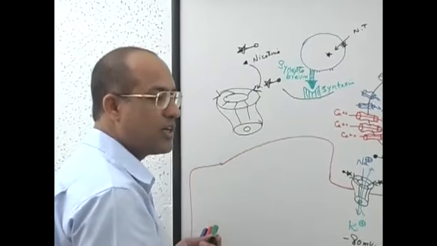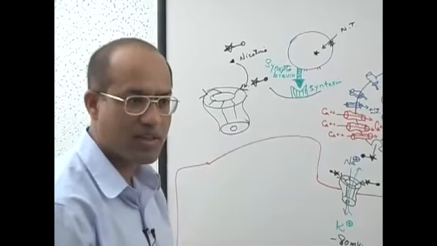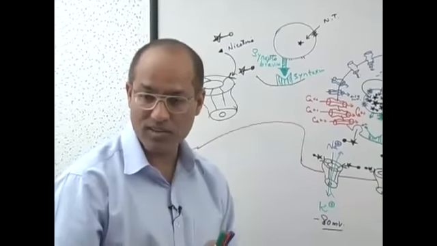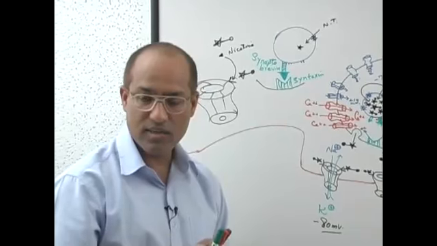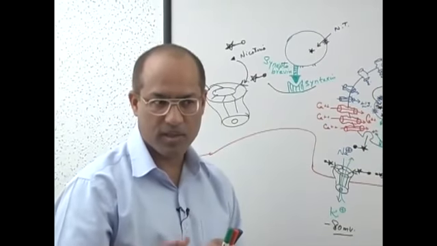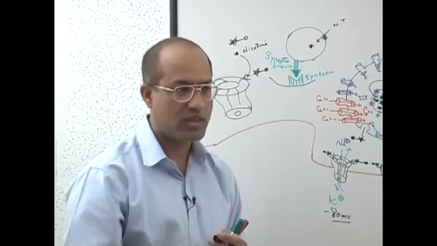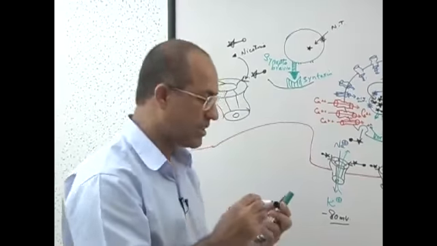So these are also called nicotinic channels. They are also called nicotinic acetylcholine channels because there are other receptors for acetylcholine which cannot be stimulated by nicotine. They can be stimulated by muscarine.